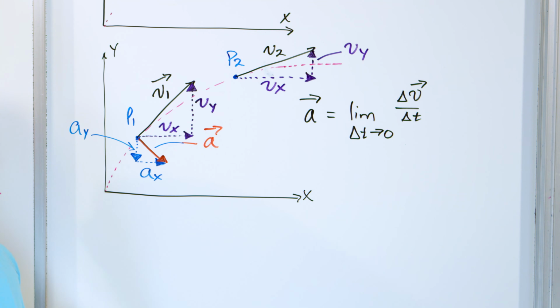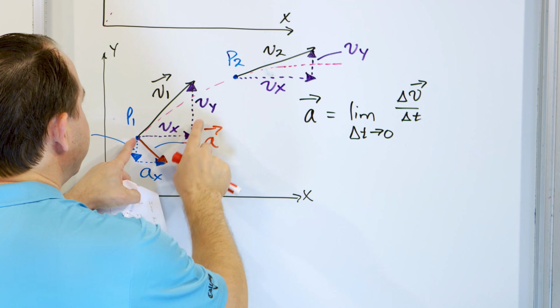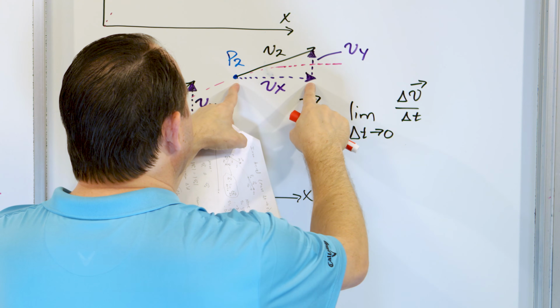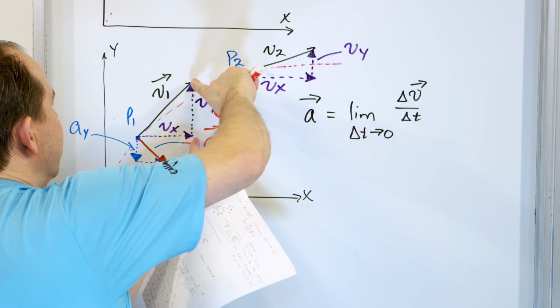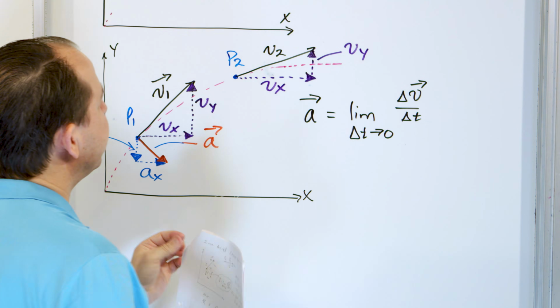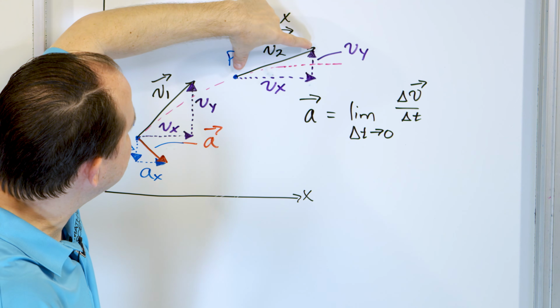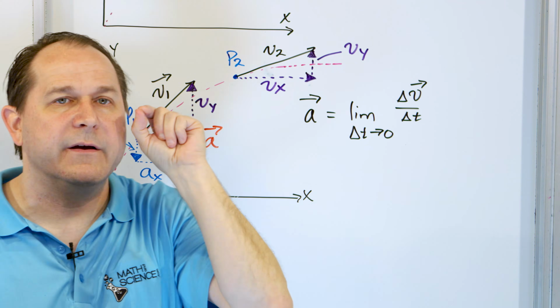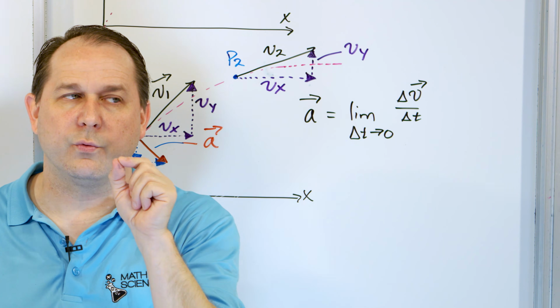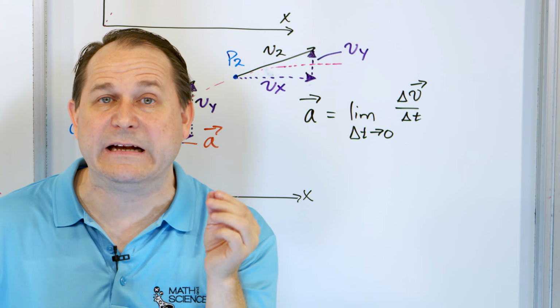So notice what's going on here. In the initial state, the x component was this big, but in the final state, the x component got bigger. In the initial state, the y component was pretty big, but in the final state, the y component got smaller. Do you see what happened? The length of this vector is the same, or I'm trying to draw it the same as this. That length of that vector is related to, or it is the same thing as, the speed of the object.